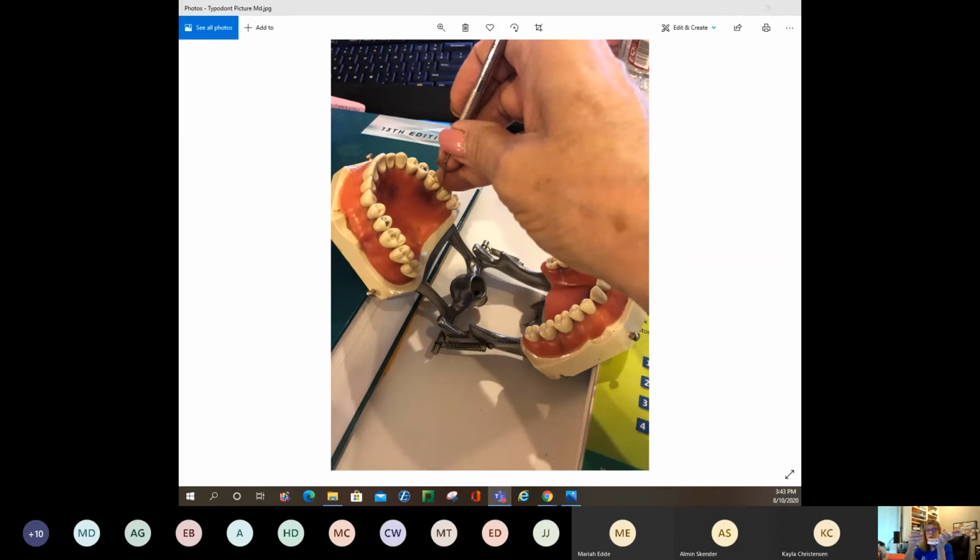But when you do the probe, I want you to go underneath, and you have to push it down on your typodonts. You'll never be pushing like that on a real person. You don't need to, for one thing. The real mouth is so much softer and it just goes in. But you're going to have to push kind of hard when you go there.